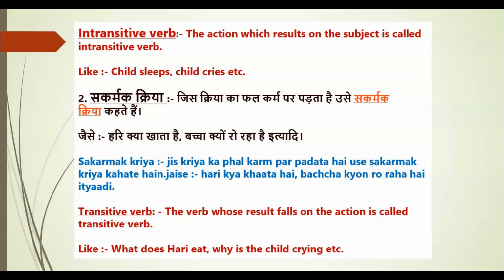Let's go to the second type of verb on the basis of action. Sakarma kriya. जिस क्रिया का फल कर्म पर पड़ता है उसे सकर्मक क्रिया कहते हैं. जैसे हरि क्या खाता है.